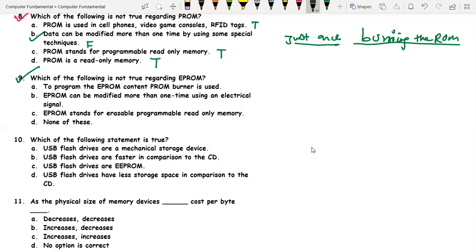This is a false statement. What about the other statement? EPROM can be modified more than one time using an electrical signal. That's also true. EPROM can be modified more than one time using an electrical signal.